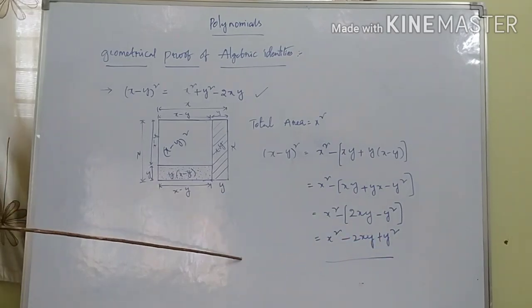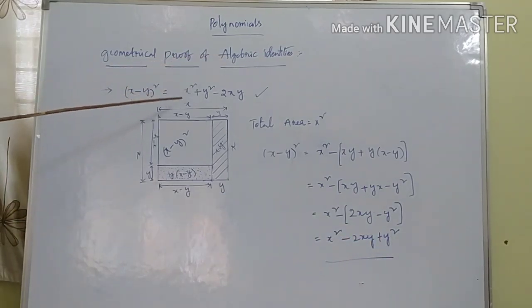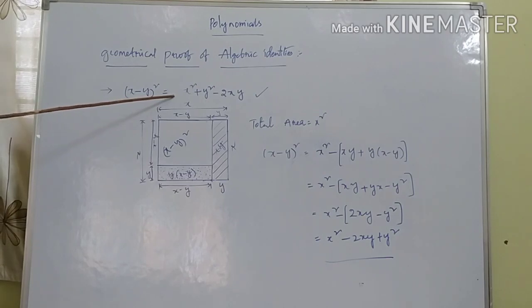So this is the final result. This is the geometrical proof of our second identity, (x − y) whole square.